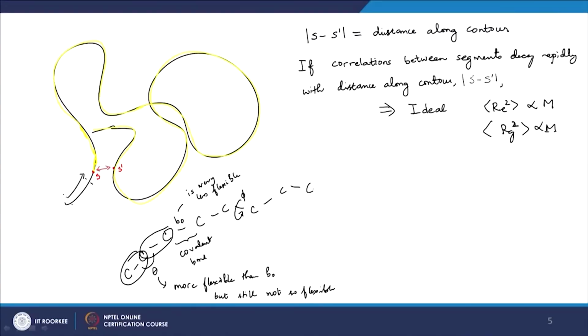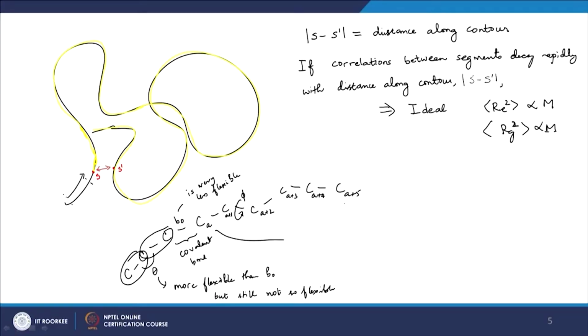And if I think of a 5 carbon series, let us say between a carbon A and A plus 1, A plus 2, A plus 3, A plus 4, A plus 5, between A and A plus 5 there is even less correlation.